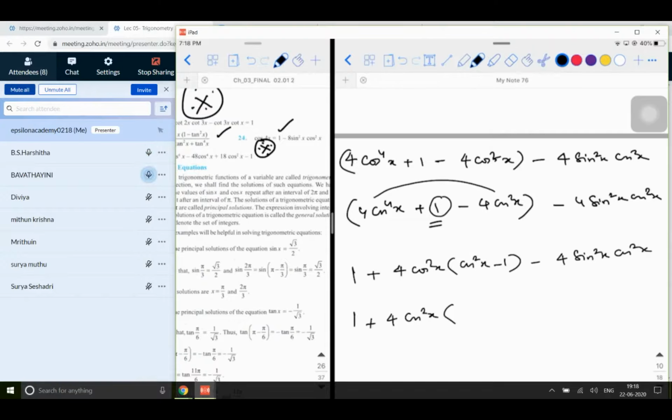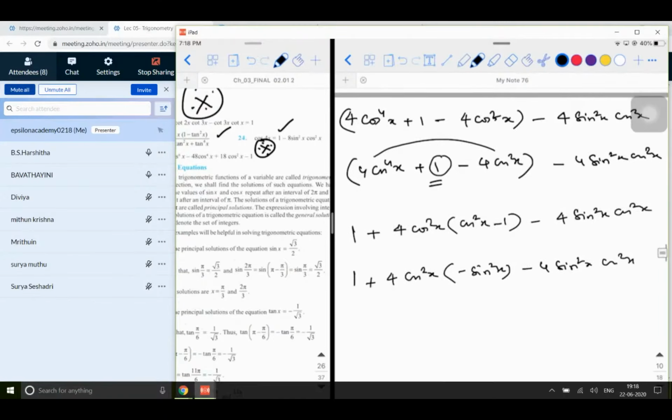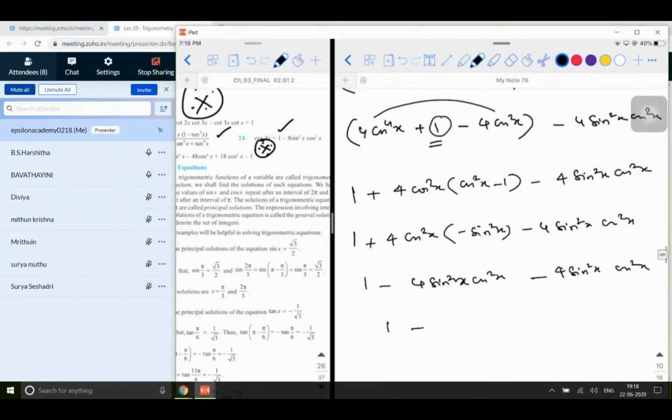Very good. It is minus sin square x. Minus 4 sin square x into cos square x. So 1 minus 4 sin square x cos square x minus 4 sin square x cos square x. What is the answer? 1 minus 8 sin square x cos square x. You got your answer. So this is another way to solve.